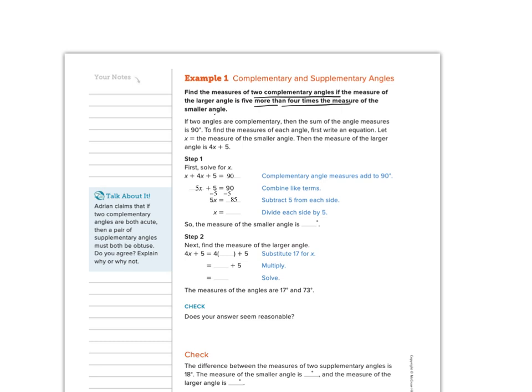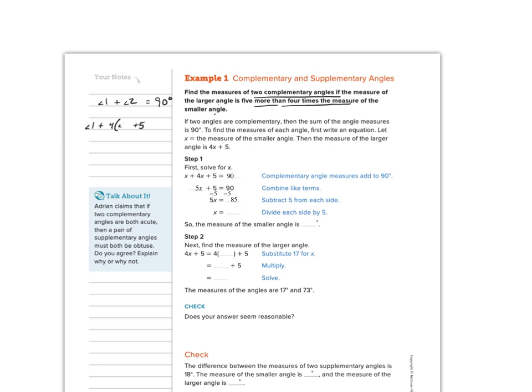Okay, I know that if I have two angles, and I'm just going to name them angle 1 and angle 2, if they are complementary, they equal 90 degrees.